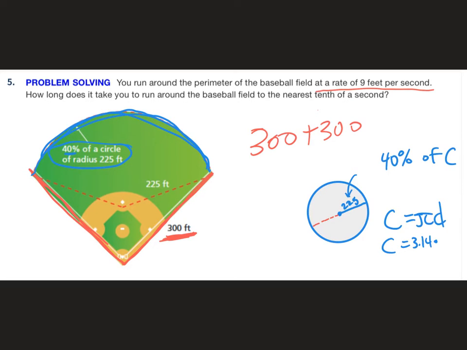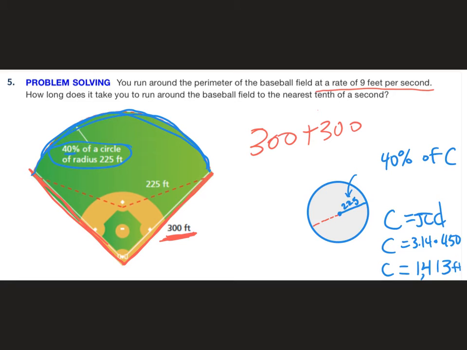So we will go over here with 450. Okay, so the circumference of the whole circle is 3.14 times 450, and I'm just doing this on my calculator, is 1,413. Okay, so feet.